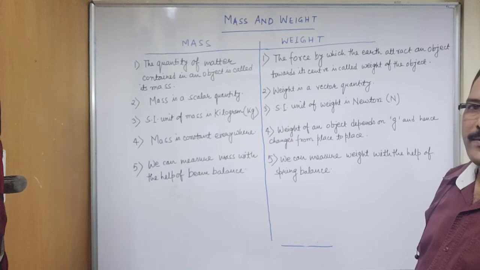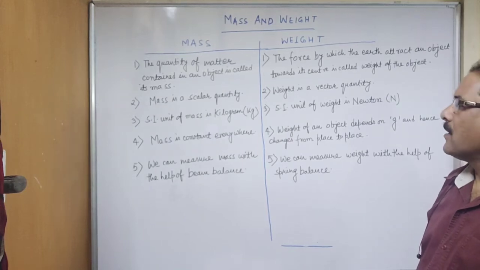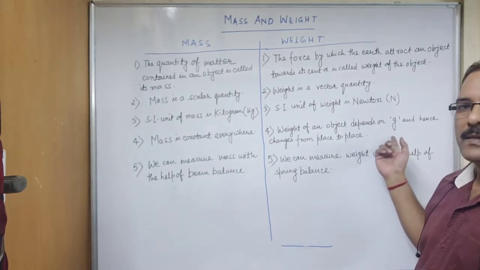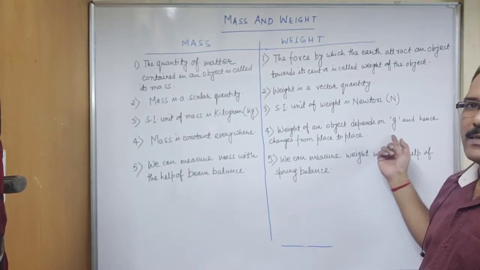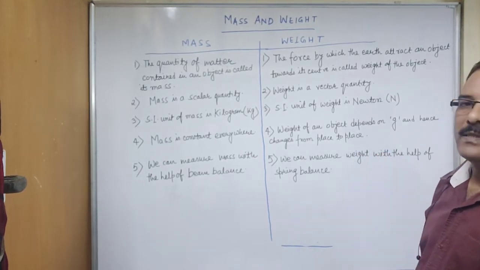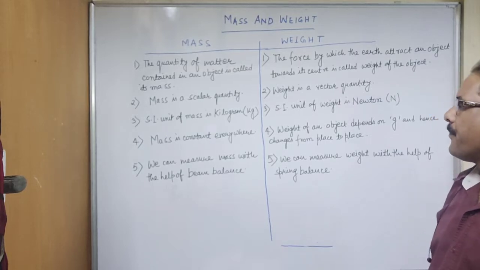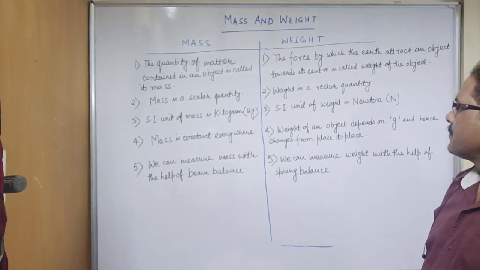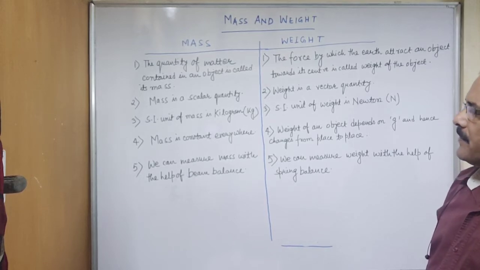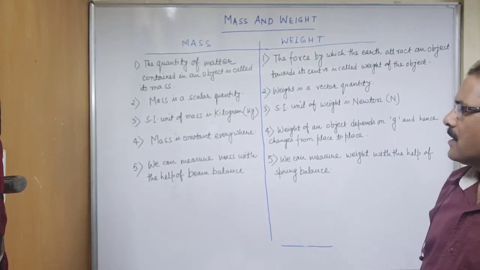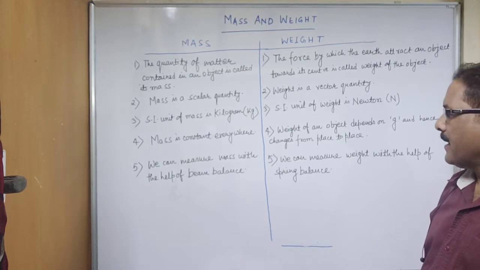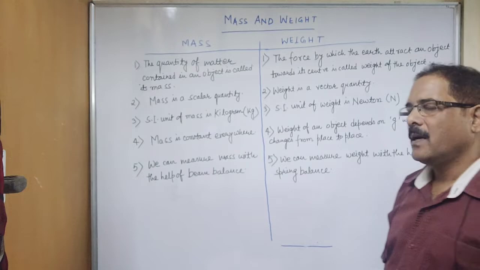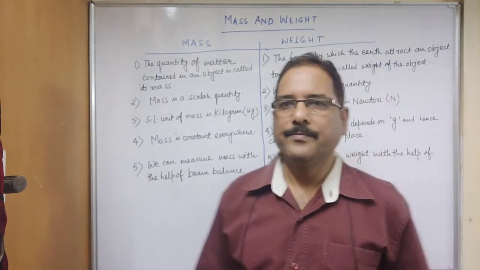Mass is constant everywhere, the quantity of matter will not change, whereas weight depends on acceleration due to gravity, and as we know g changes from place to place, that's why weight is not constant. Then fifth, we can measure mass with the help of a beam balance, whereas we can measure weight with the help of a spring balance.